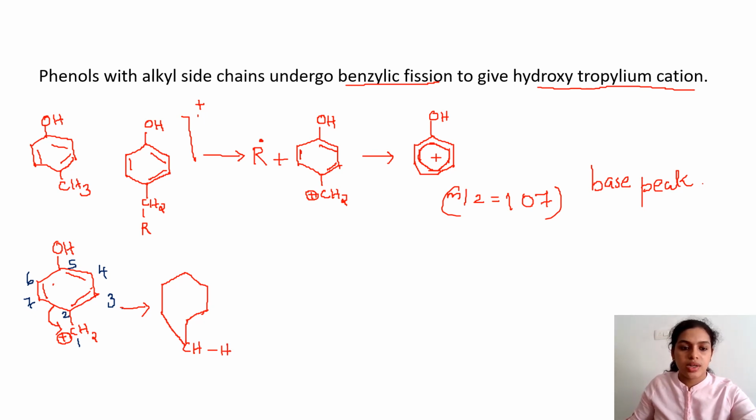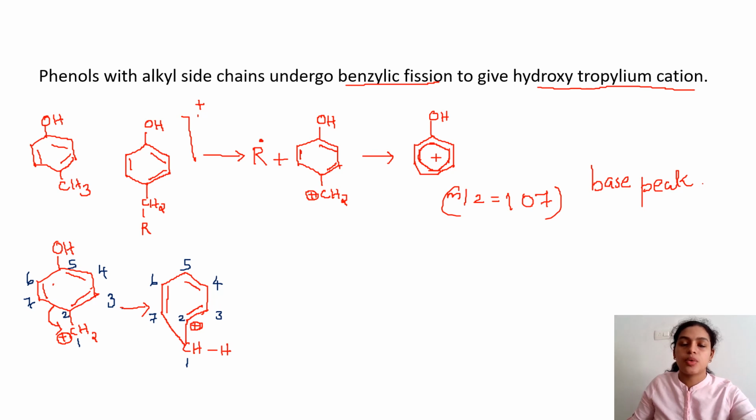And here for all these things there is no change, these are intact, and the numbering is again 1, 2, 3, 4, 5, 6 and 7. A change to be noted is that the positive charge has shifted from the first carbon to the second carbon because its bond is broken, right?